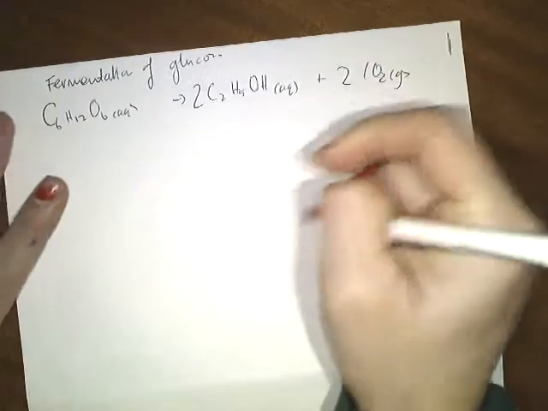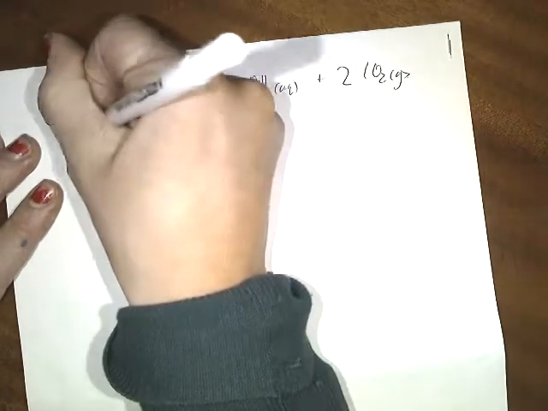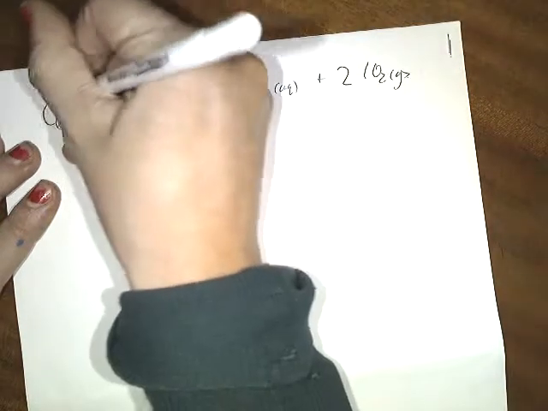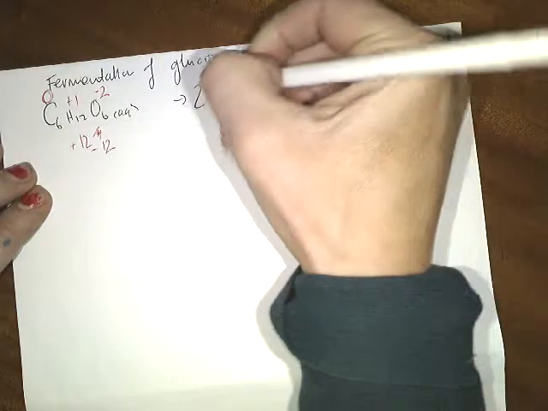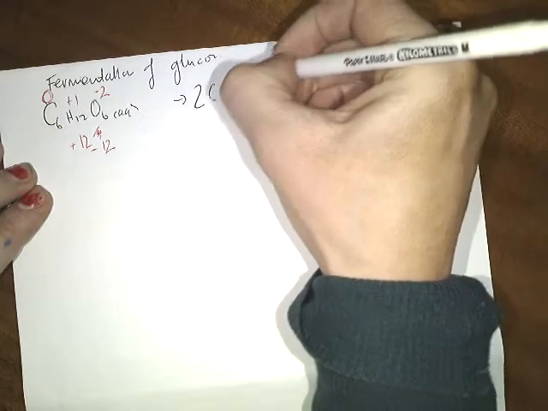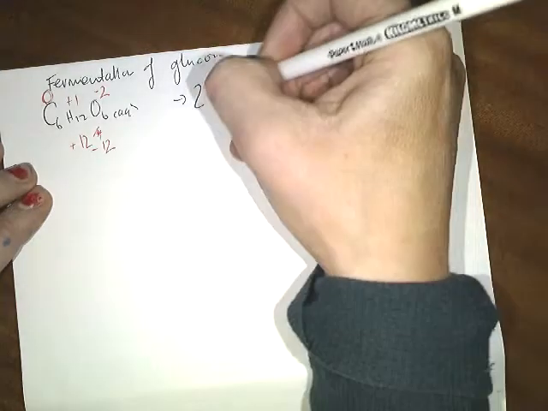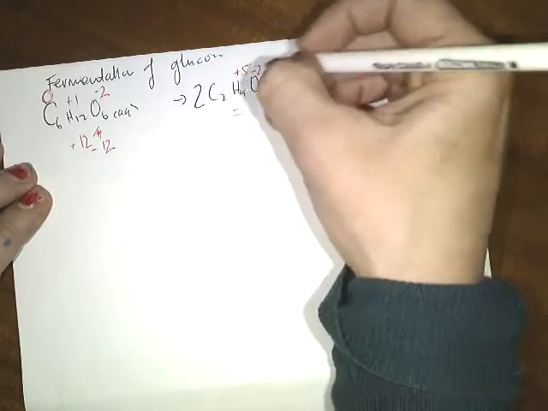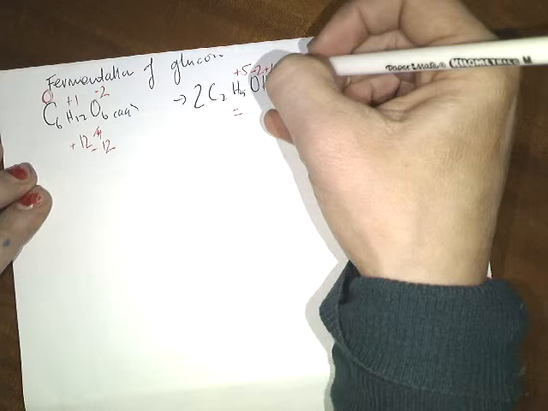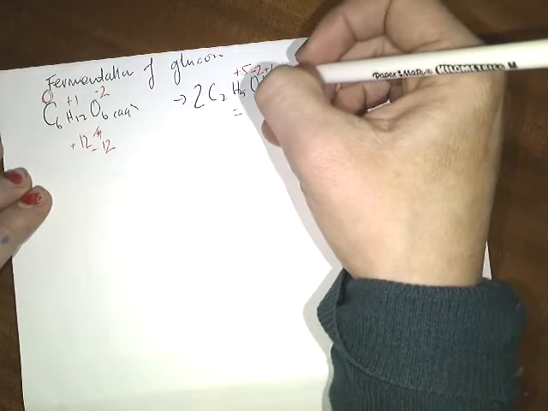Now, if we're going to work out which one's oxidized and which is reduced, we just do it like normal. You can work out the average oxidation number, minus 12. So this one has to be 0 on average. Means plus 6 minus 2, equals plus 4.